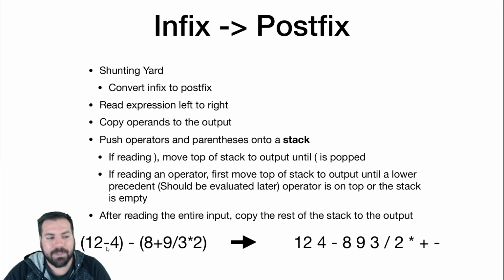And whenever we find an operator, we're going to check the top of the stack and copy things from the top of the stack over to the output until the top of the stack is either empty, or an open paren, or the most important one to check, an operator with lower precedence. So if we're looking at division and addition is on the top of the stack, then we're going to push the division onto the stack.